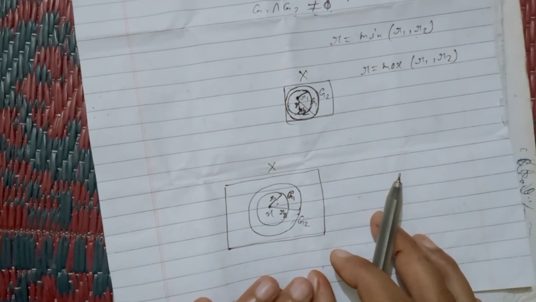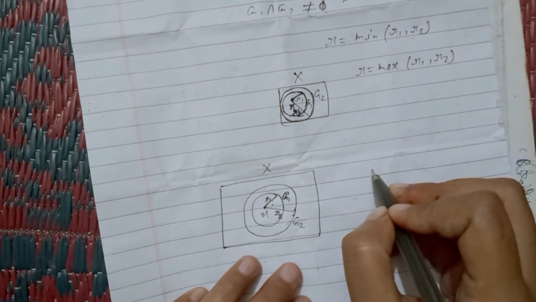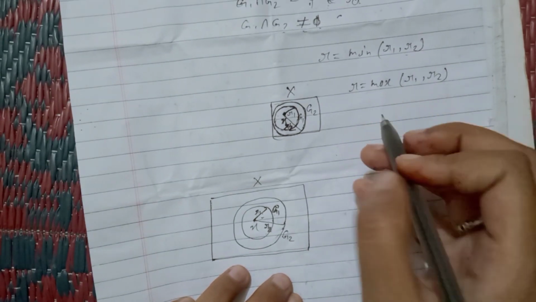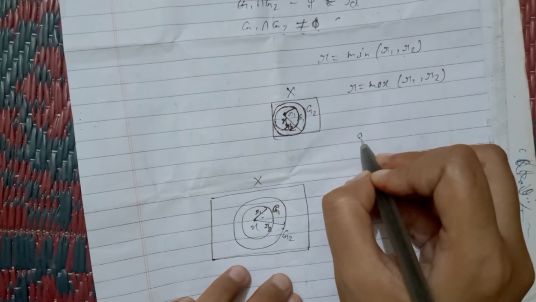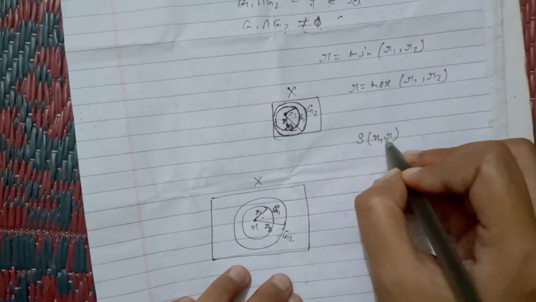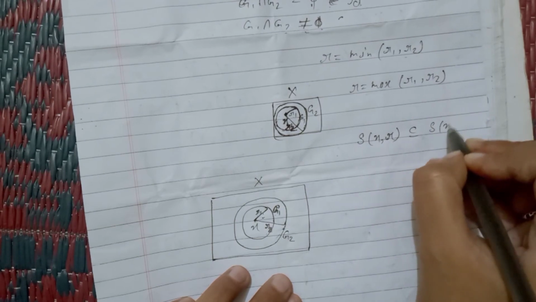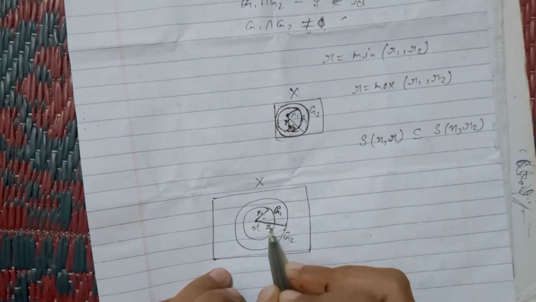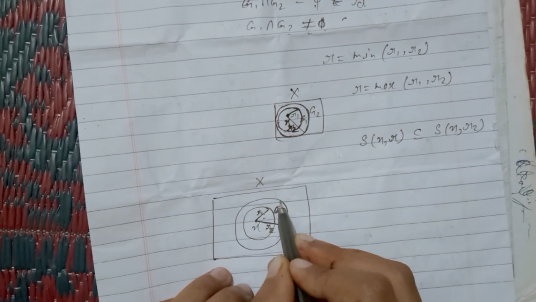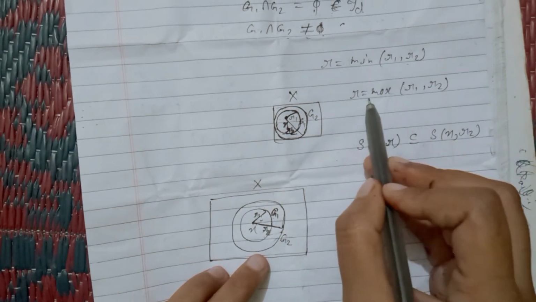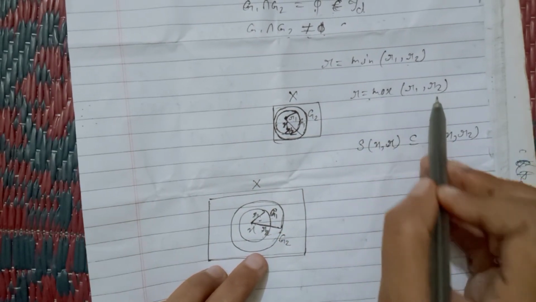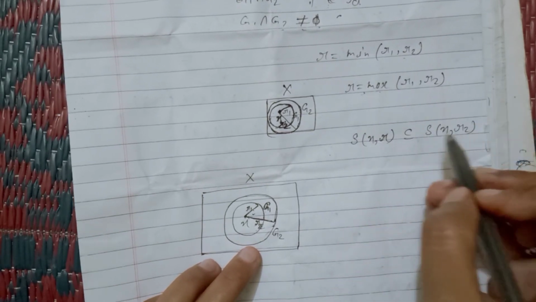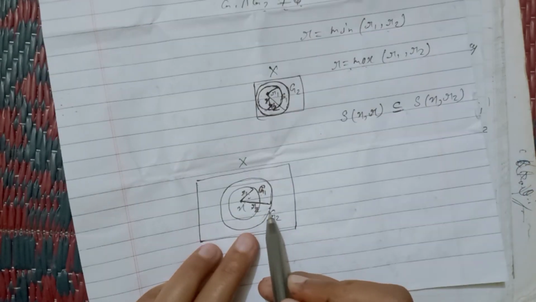If R is the maximum of R1 and R2, then S(X, R) is contained in S(X, R2), because R2 is maximum.